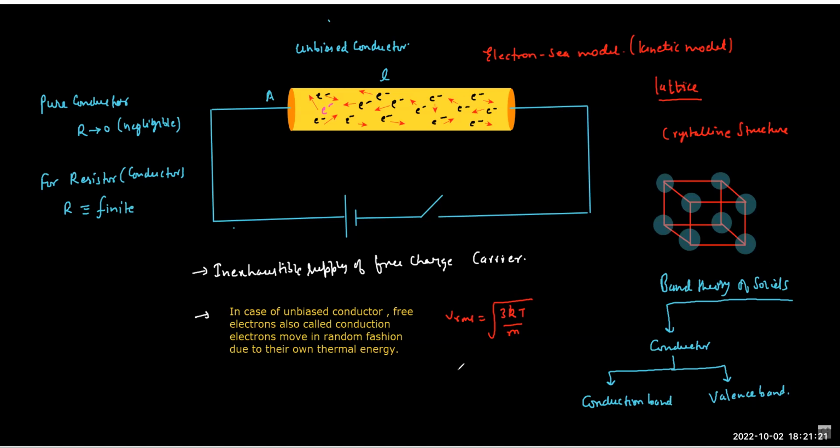To get a rough estimate of how fast they move, we call this V_th, the thermal velocity of electron. A simple calculation will reveal that this value is roughly equal to, I'll put the value, k is 1.38 times 10 power minus 23.